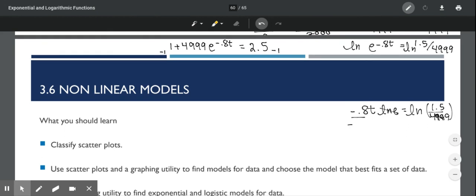So I can divide by negative 0.8. And so I end up with t equals 10.14. So after just over 10 days, they'll have 40% of the students exposed, and they would end up shutting down the campus.